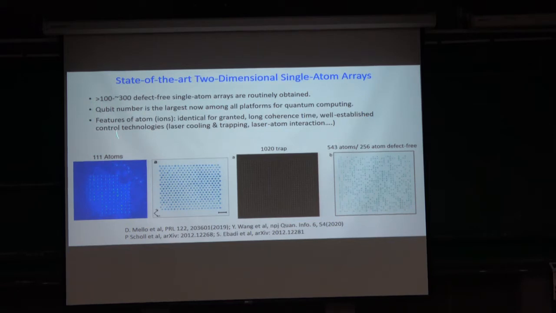And to form the qubits, atoms have some features. For example, atoms are identical. Atoms here in Taiwan are the same as those in the United States, and you can take that for granted. You don't need to, like with a superconducting qubit, tune their resonance frequency a little bit with some EM field. But for atoms, we can take that for granted.